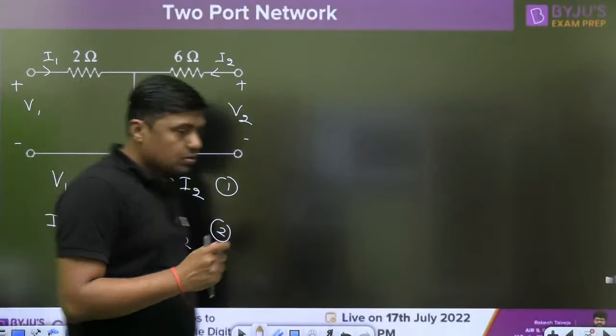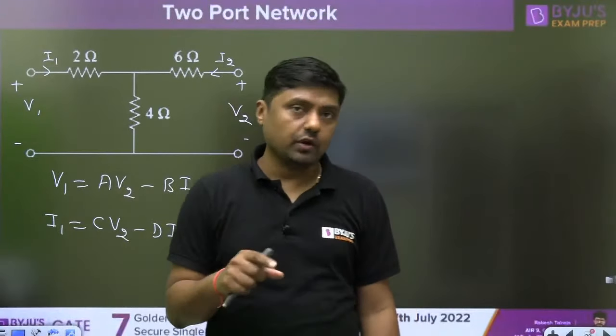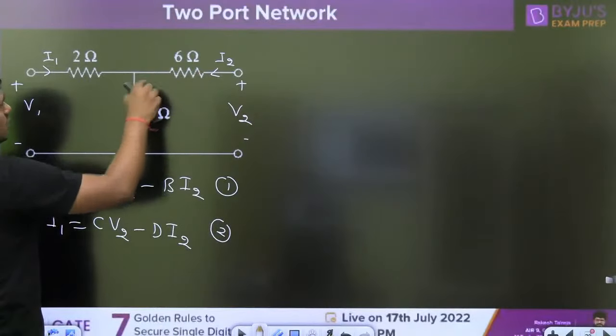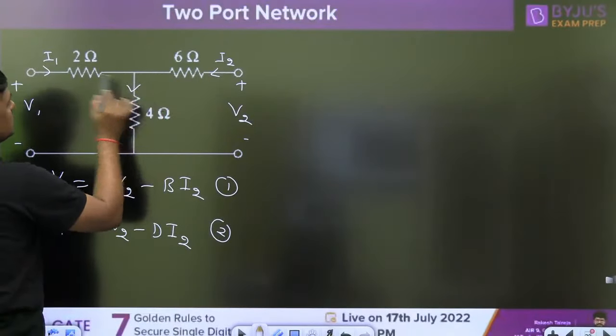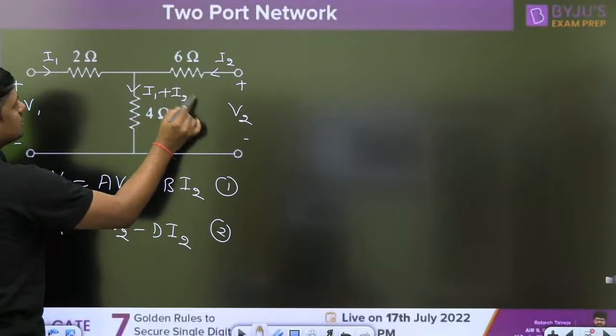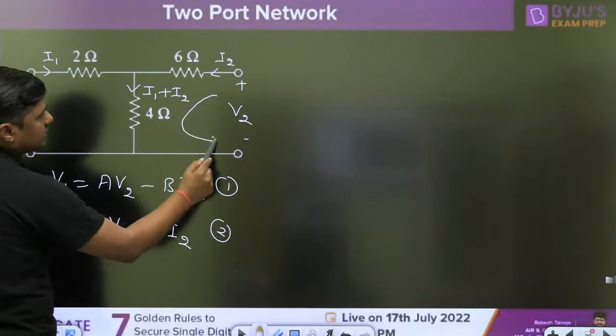Now my dear friends, we have to find V1 and I1. If this is the I2 current and this is the I1 current, what is the current here? I1 plus I2. First of all, write a KVL here.